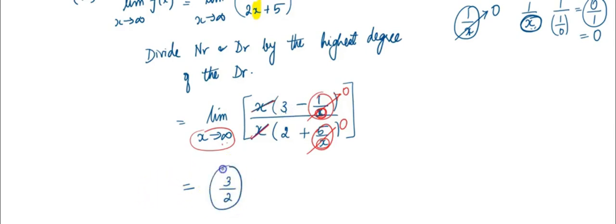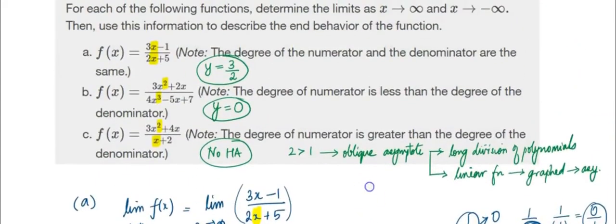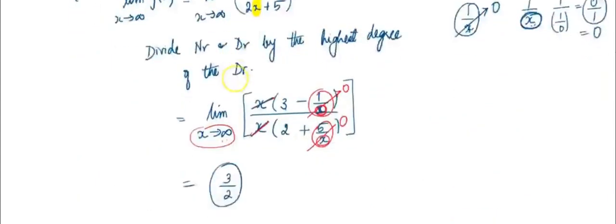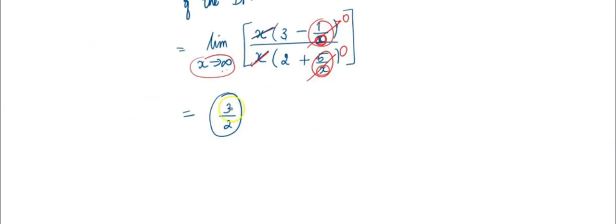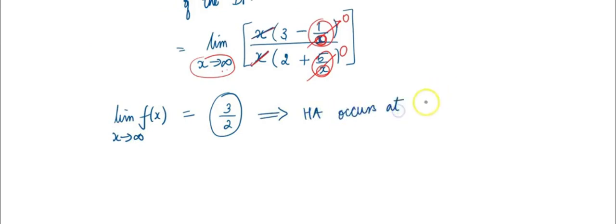So that is exactly what we anticipated when I said y equals 3 over 2. We basically got the limit of f of x as x approaches positive infinity to be 3 over 2, which means the horizontal asymptote occurs at y equals 3 over 2.